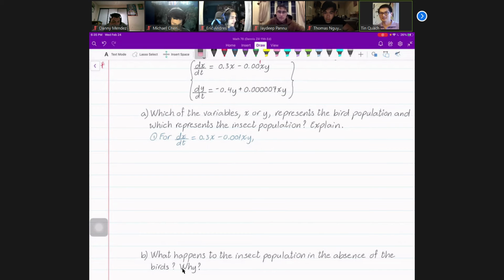And vice versa. If population X wasn't there, you don't know about population Y, because this is the differential equation that tells you about the rate of change of population X, right? So you want to talk about what happens to population X, because this is the differential equation involving dx/dt.